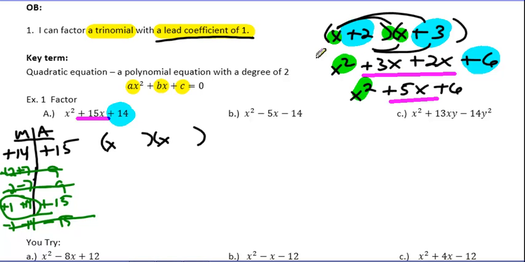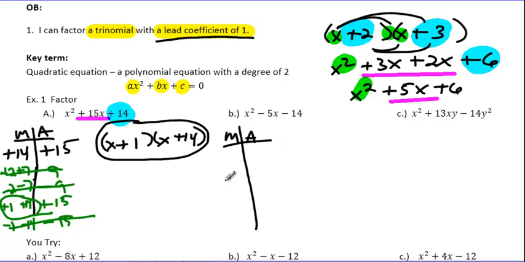So I'm going to split it back up, and from there I'm going to take my two factors that work and put them in place. This is a factored trinomial now. Notice factoring is the opposite of distributing and FOILing. Alright, let's move on to B.